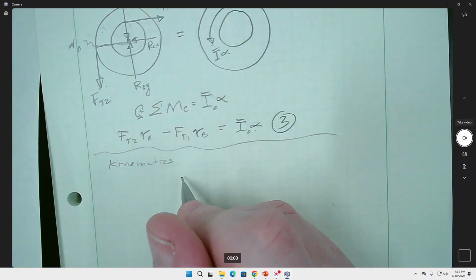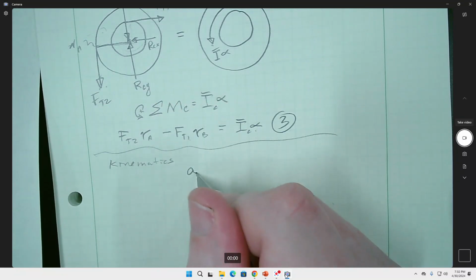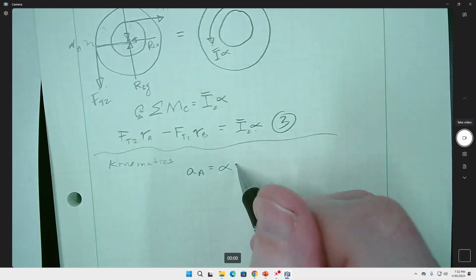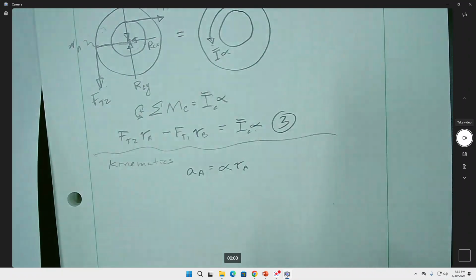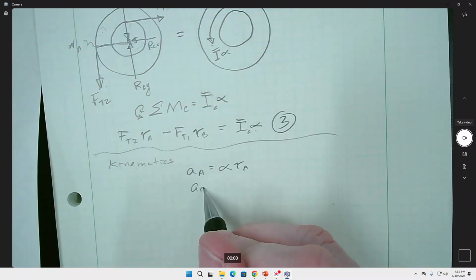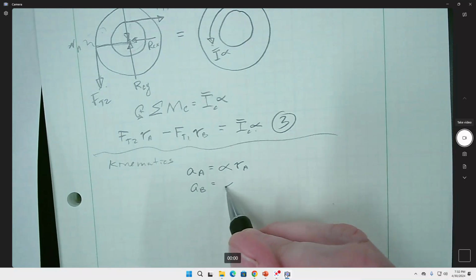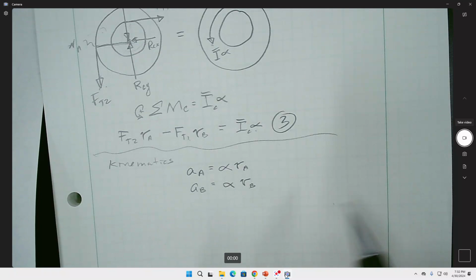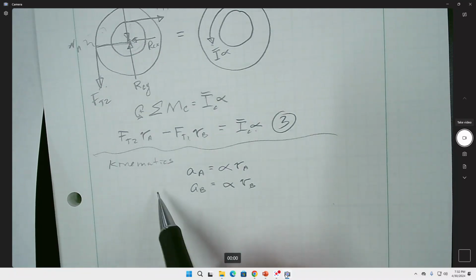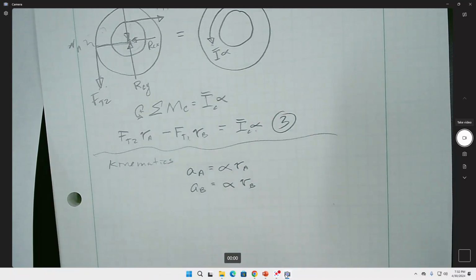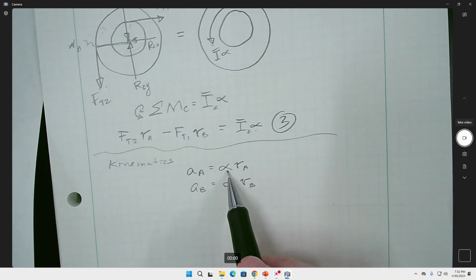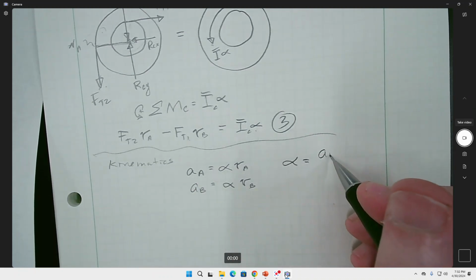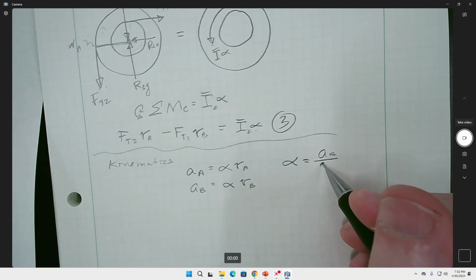We know that the acceleration of A is equal to alpha times what we called RA, and the acceleration of B is equal to alpha times RB. But we'd like everything in terms of RA. AA is already in those terms, but alpha is going to be equal to AA divided by RA.